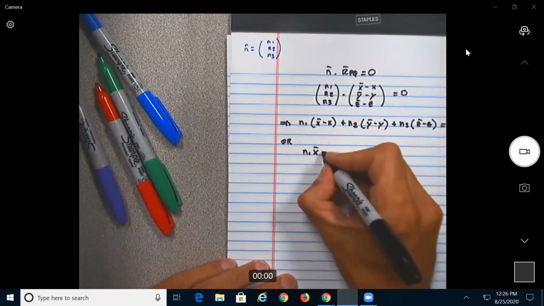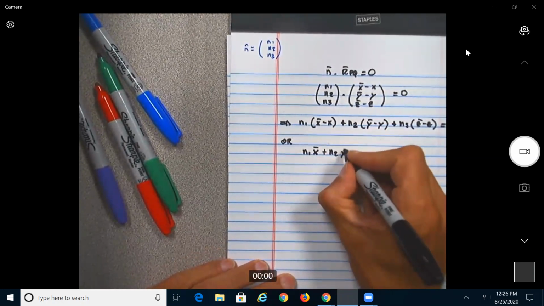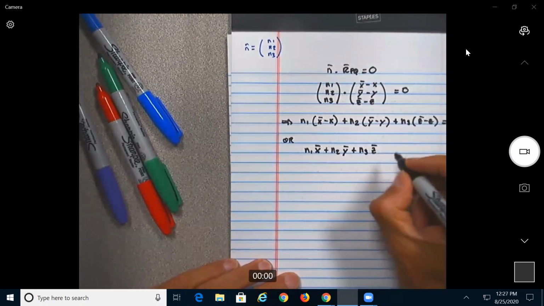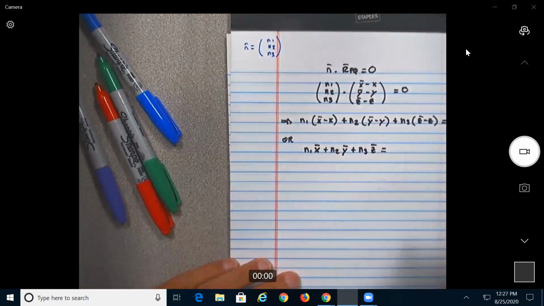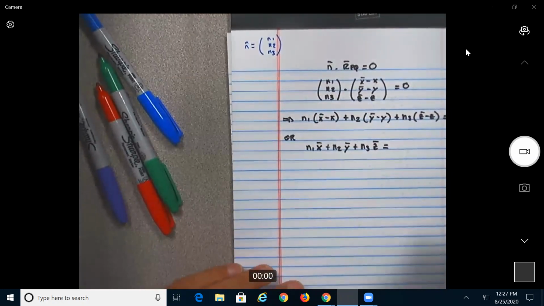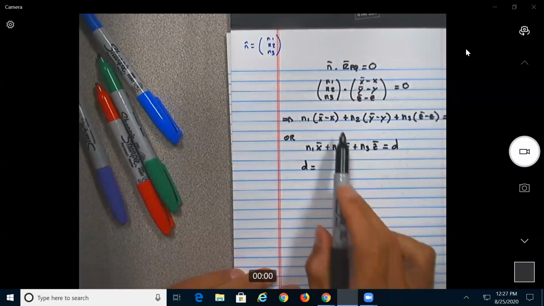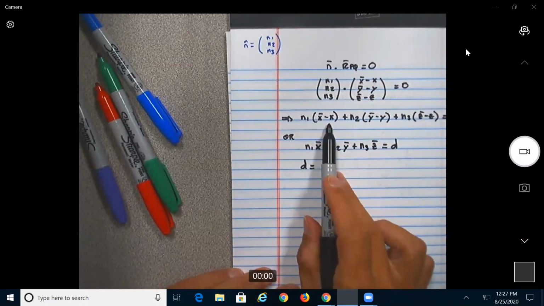So you can do n1 X bar plus n2 Y bar plus n3 Z bar equal to a constant D, where D should be equal to what? Should be equal to these terms, the minus X that went to the other side, no?